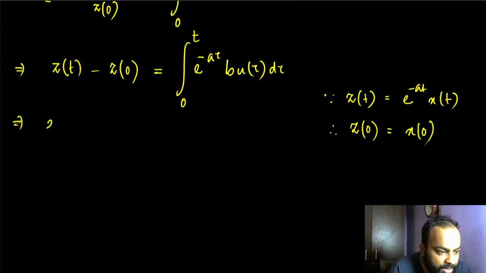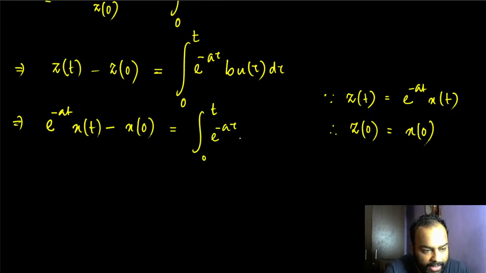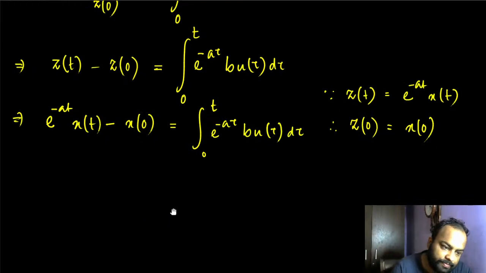So that's going to be e to the power minus at xt minus x0, because x0 is the value of z0 and zt is essentially that, because that is what we assume. And obviously the right hand side is as usual, so that's the integration from 0 to t on e to the power minus a tau b u tau d tau.